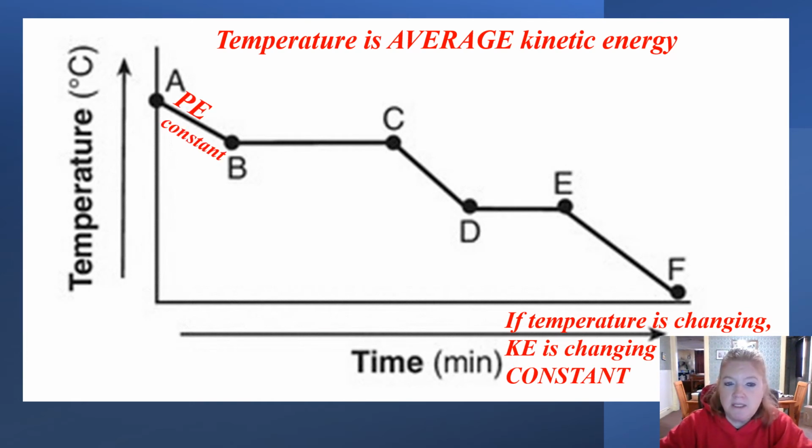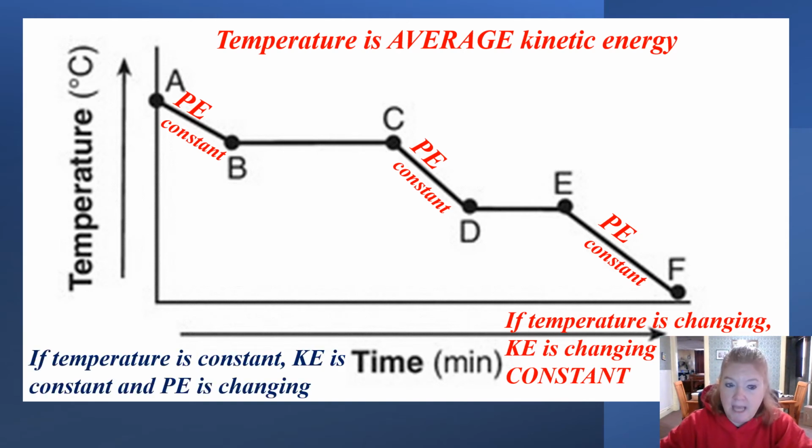The potential is constant in each of these sloped sections because the temperature, and thus kinetic, is changing. And then if the temperature is constant, the kinetic energy is constant, and the potential is changing. So no temperature change means potential is decreasing, here and here.